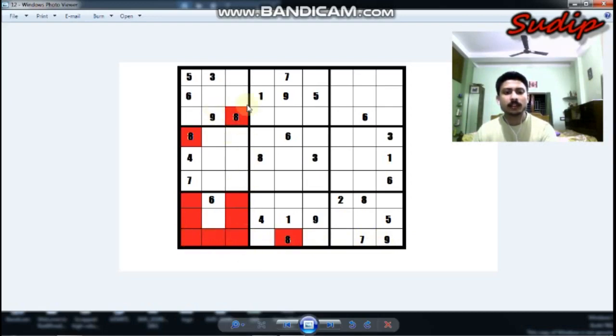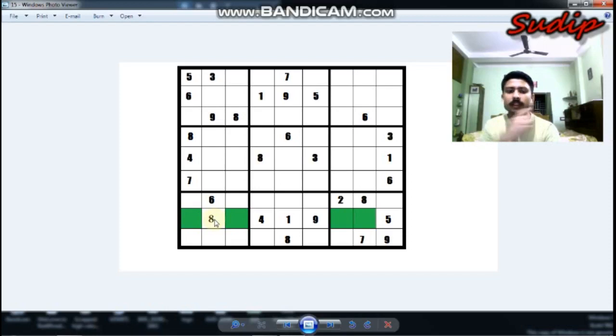In this column there is an 8, so the 8 must not be there, and there is also an 8, so the 8 must not be there. So where should the 8 go? The 8 goes here. Okay, so we have put an 8 here.